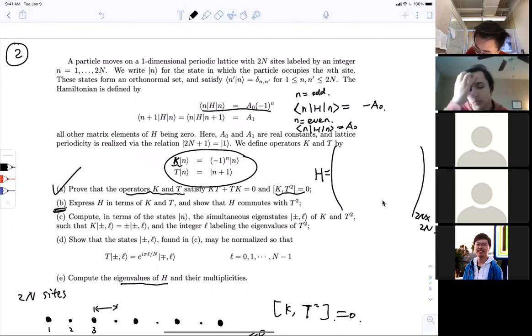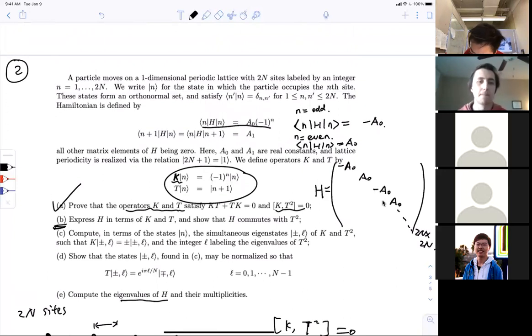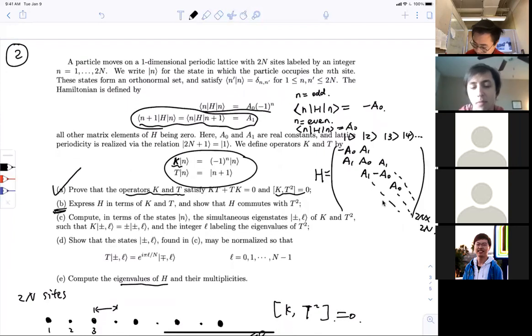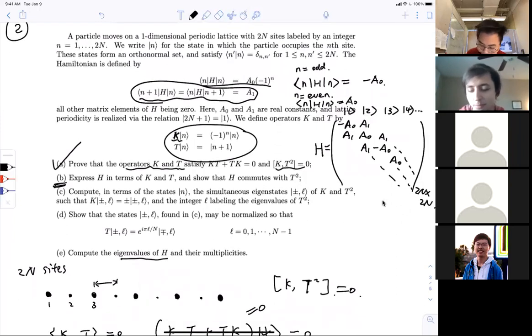From this, we know the diagonal elements are minus a0, minus a0, keep going on, so the basis is 1, 2, 3, 4, something like that. And the off-diagonal elements are given by this, which is a1, keep going on. Here's also a1, like this. So this is the Hamiltonian.